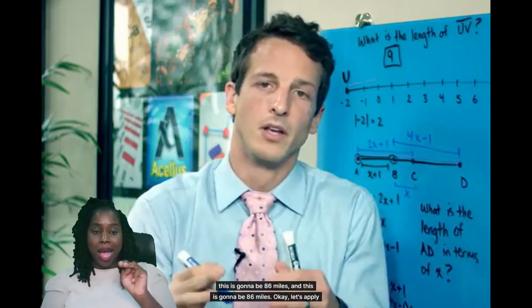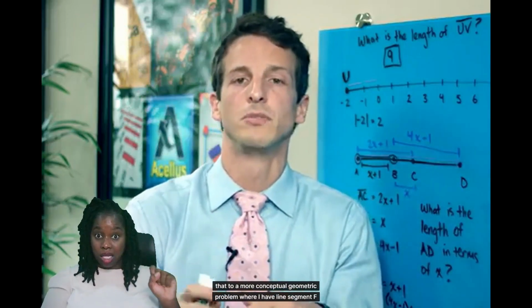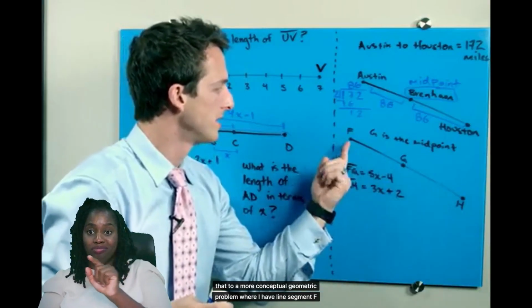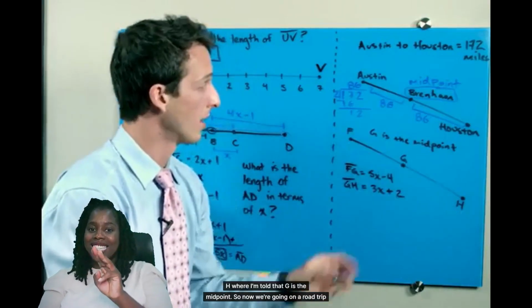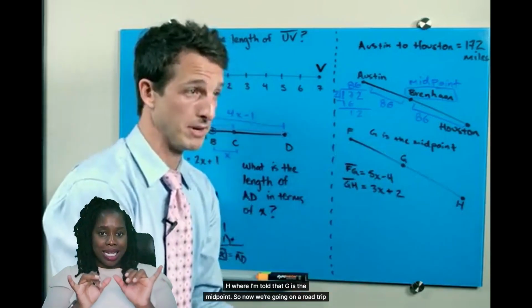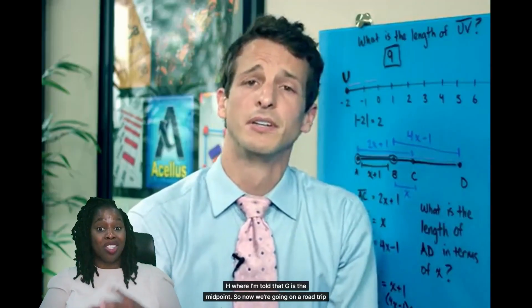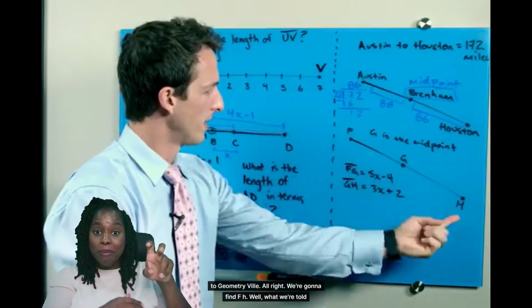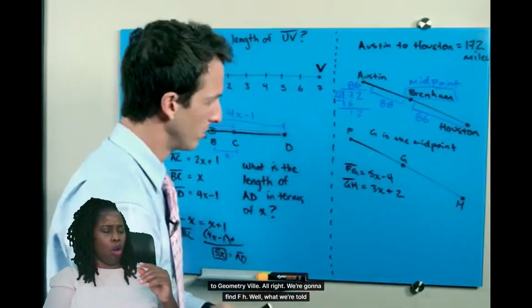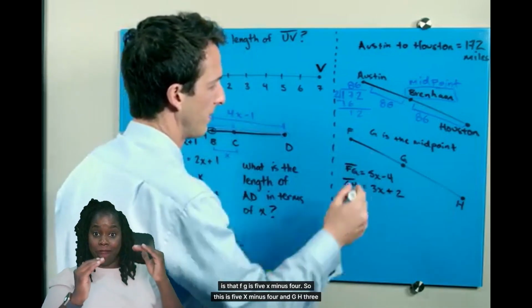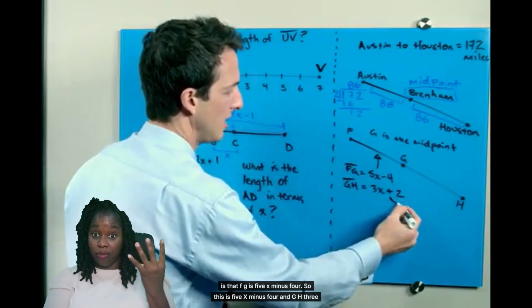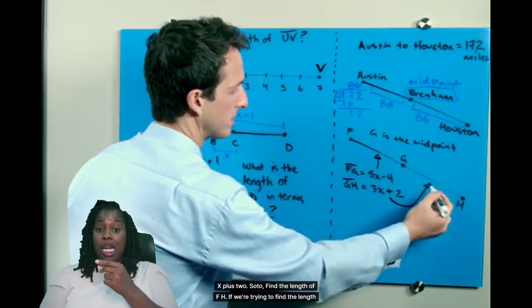Okay, let's apply that to a more conceptual geometric problem where I have line segment FH, where I'm told that G is the midpoint. So now we're going on a road trip to Geometryville. All right, we're going to find out FH. Well, what we're told is that FG is 5x minus 4, and GH is 3x plus 2.